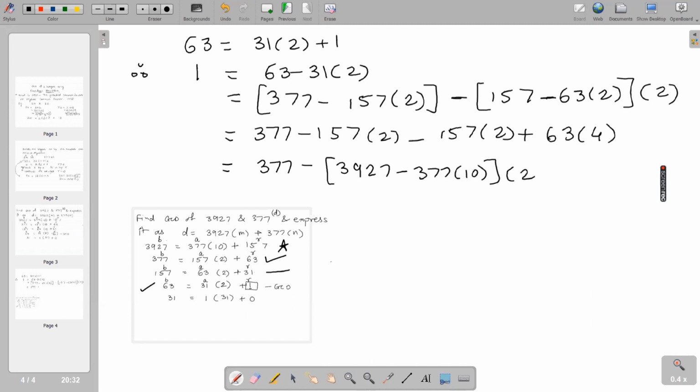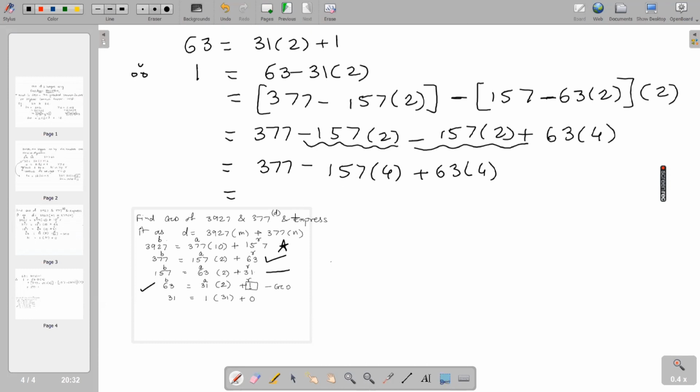And this whole thing into 2. Okay, sorry, before that, let us simplify. We are getting 157 into 2 into 157 into 2. So that makes minus 157 into 4 plus 63 into 4.